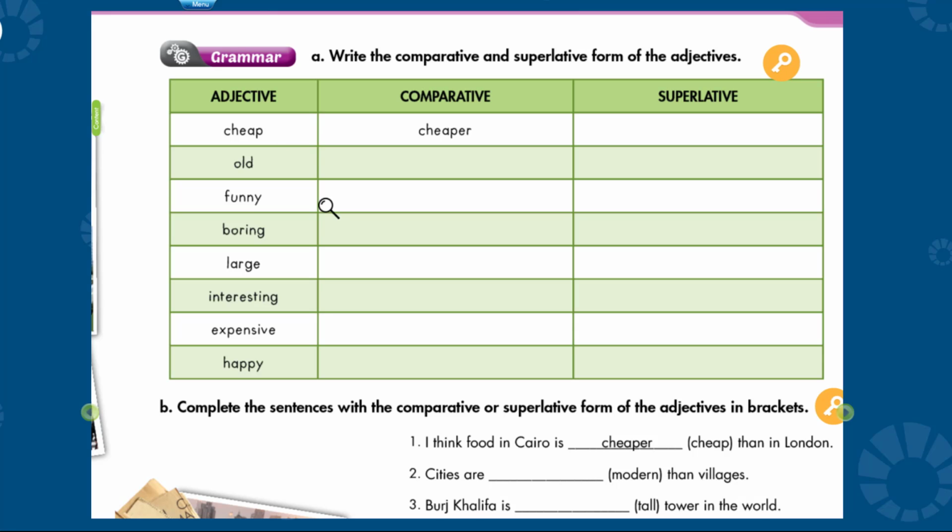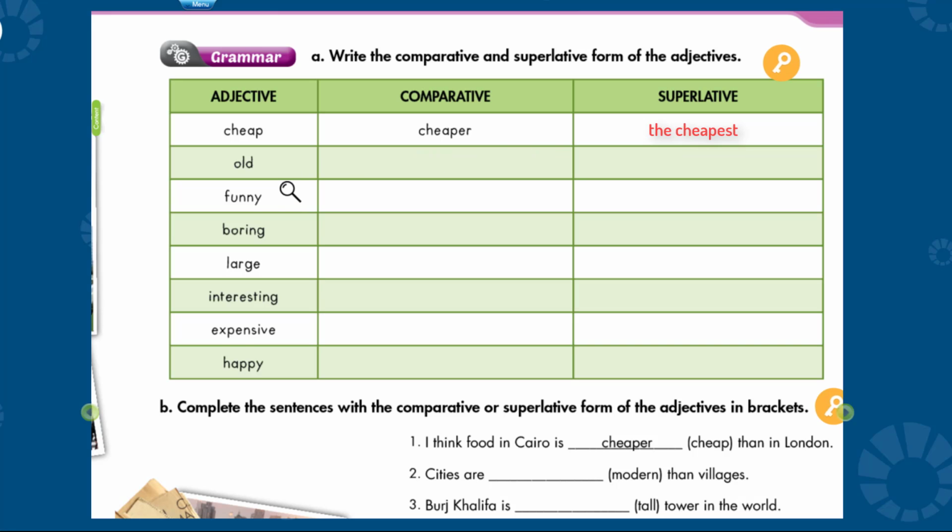Cheap là tính từ có một âm tiết, như vậy ở dạng so sánh hơn thì chúng ta sẽ thêm cái đuôi er, và ở dạng so sánh nhất thì chúng ta sẽ thêm cái đuôi est, cheapest. Right, very good. Now the second one, old.